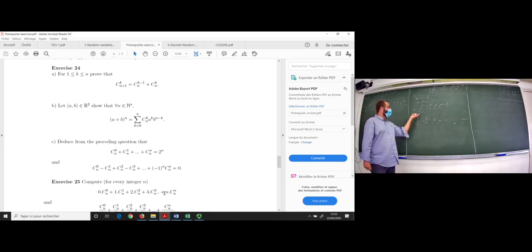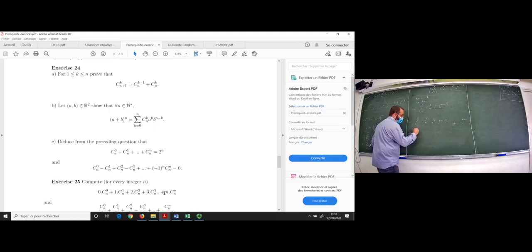For the second sum, I will make the index run from 1 to n. But if I do this, I miss the term for k equal to 0. What is this term? For k equal to 0, I have c 0 n, which is equal to 1, a to the power 0, which is 1, and b to the power n plus 1.